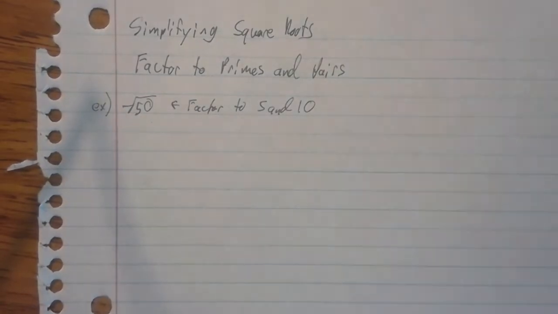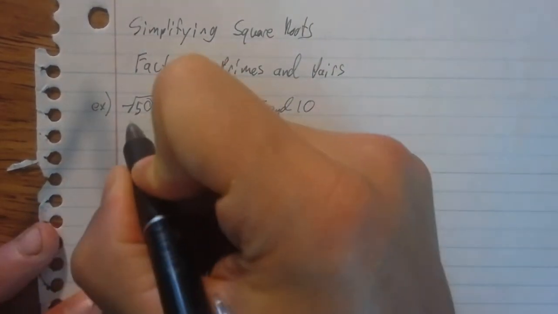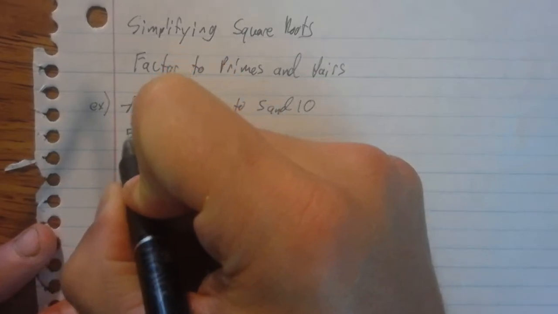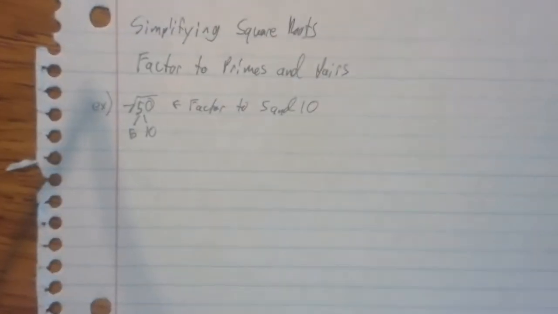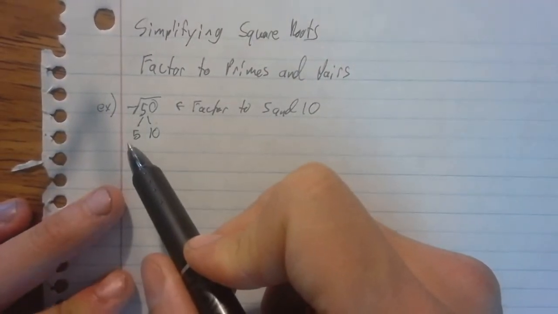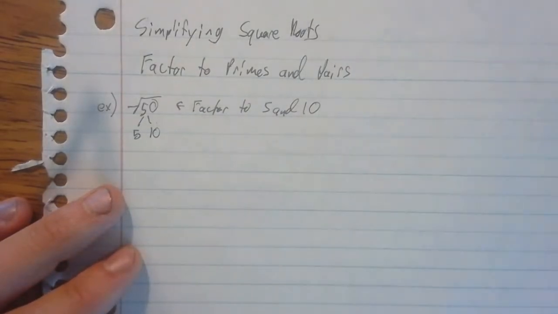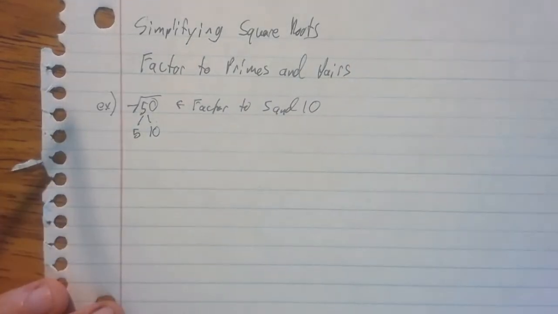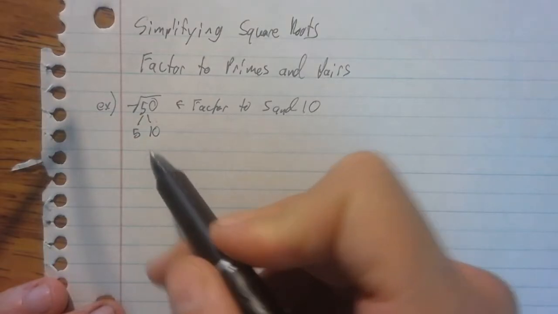So we are going to factor to 5 and 10. So that means that we put these little roots. We have 5 and 10. Now we are going to look at the 5. The 5 cannot be factored any further. So we're going to now factor the 10.